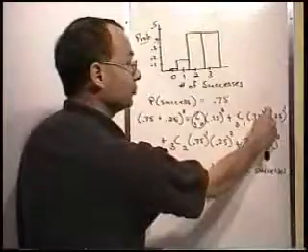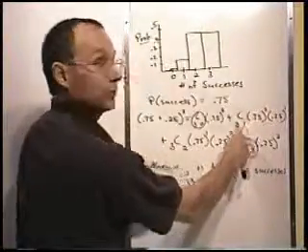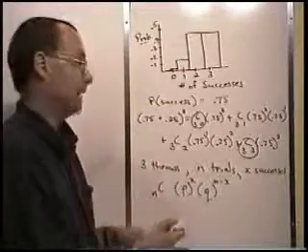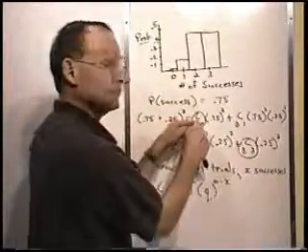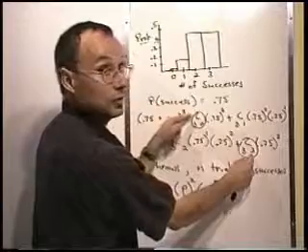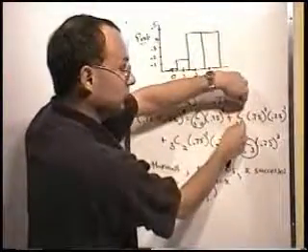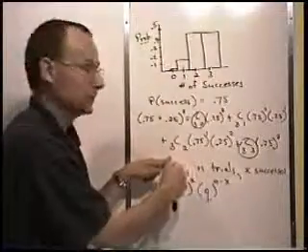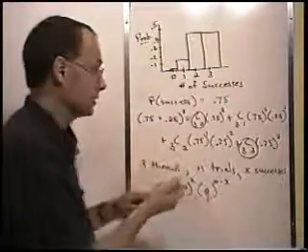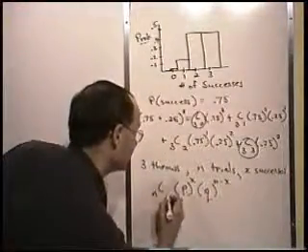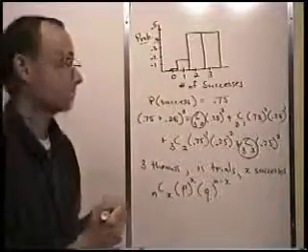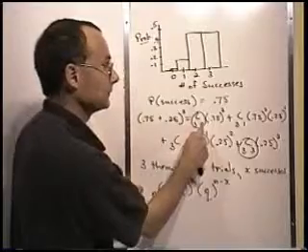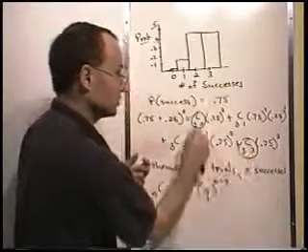If we wanted 2 successes, we'd want a 1 down there, so we'd go 3 minus 2. But since this coefficient is the same as this coefficient, and the second coefficient is the same as the second last coefficient, it's easier to just put an x in here. In other words, 3 choose 3 is the same as 3 choose 0.